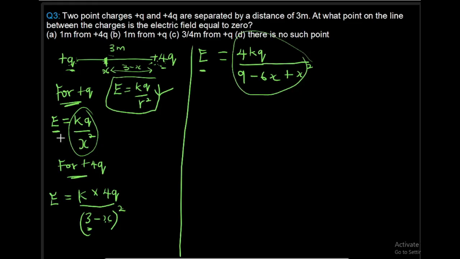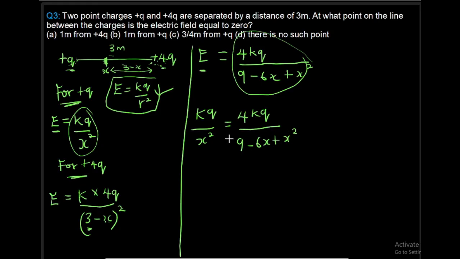So let's forge ahead. For the positive q charge, the electric field is kq over x squared. So we have kq all over x squared equals, for this guy, 4kq all over 9 minus 6x plus x squared.